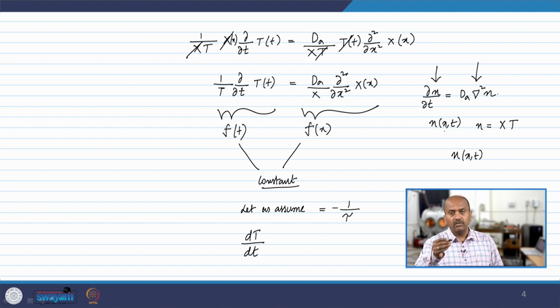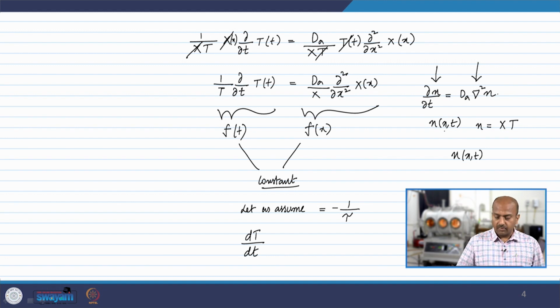That derivative is nothing but the partial derivative. Variation in a physical quantity which is evaluated only with respect to one independent variable, whereas the other independent variables are being held constant, is the partial derivative. Now, that T is only a function of t, we can shift to the total derivative.